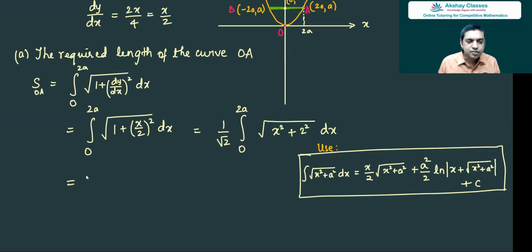Now, let us use this. This is 1 upon root 2. Now this is x by 2 times the square root of x square plus 2 square, plus 2 square by 2, since a square is 2 square.